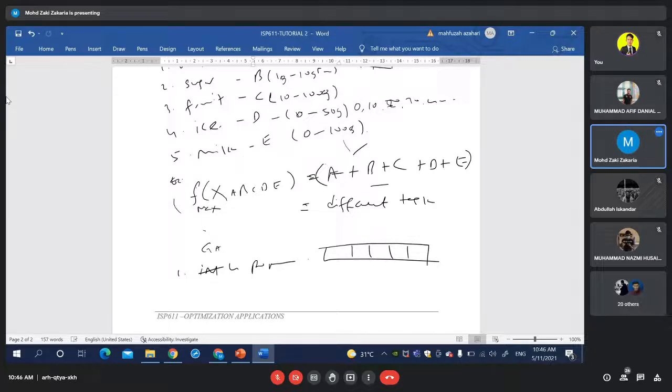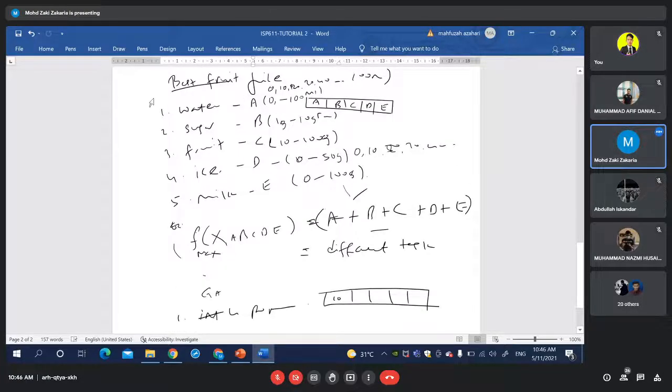So the value maybe 10, because here we define the range of water, sugar, and so on. The second one is sugar, but you must remember, water we use ml unit, but sugar we use gram unit. So we need to convert to percentage because we should use the same unit, standardized.